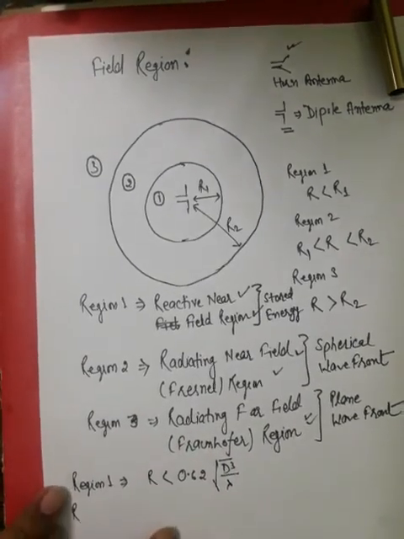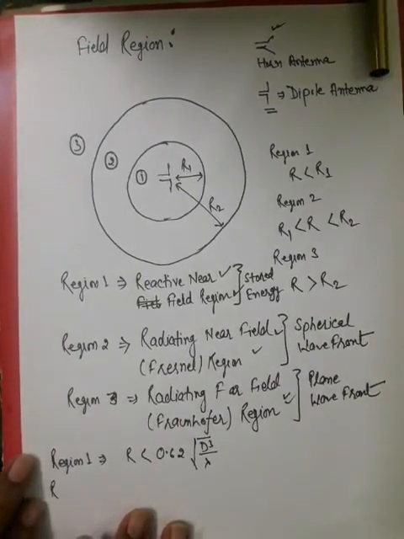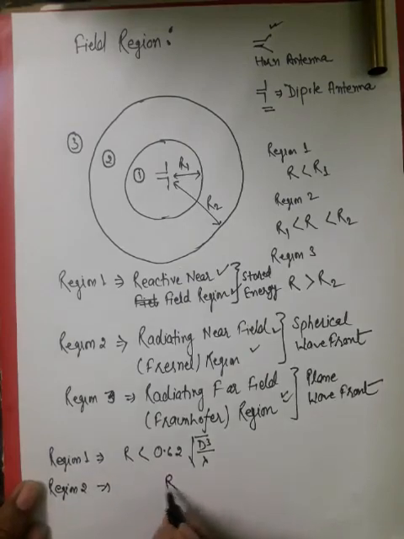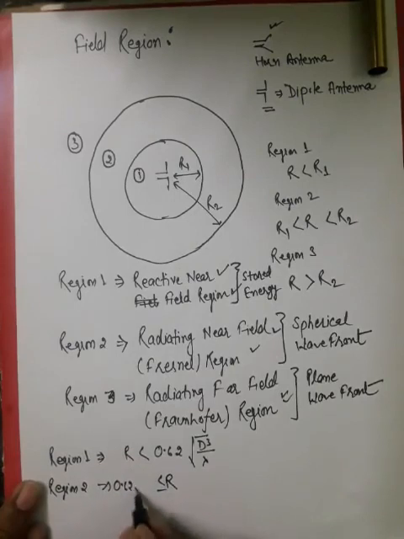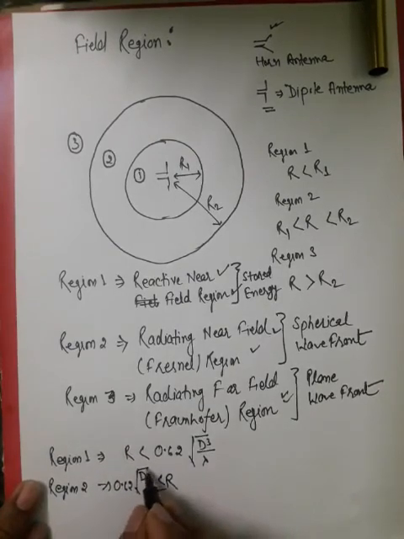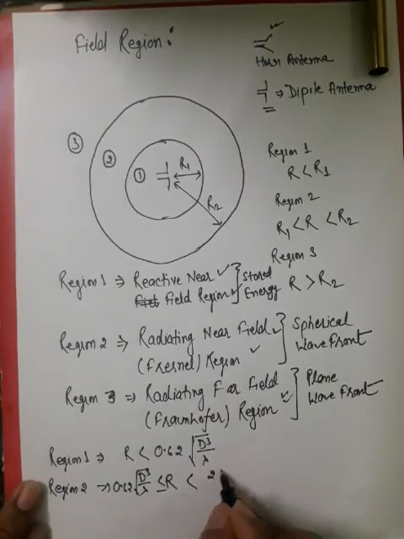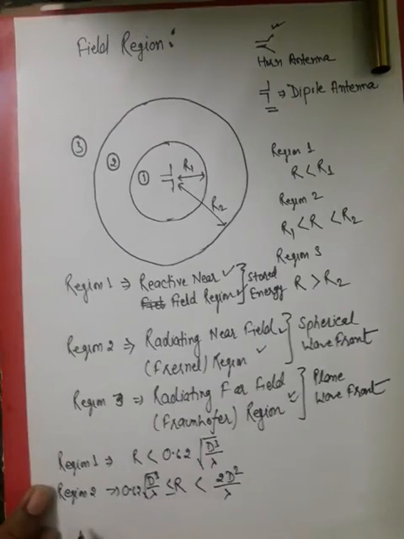Region 2: r is greater than or equal to 0.62 root of d cube upon lambda, and less than 2 d square by lambda.